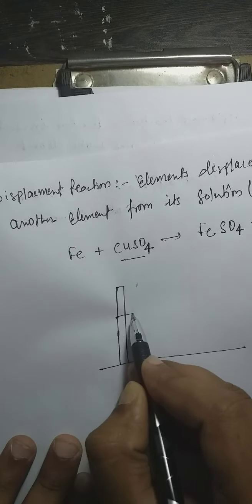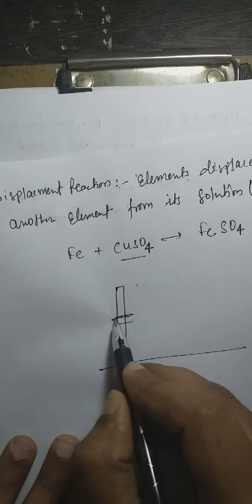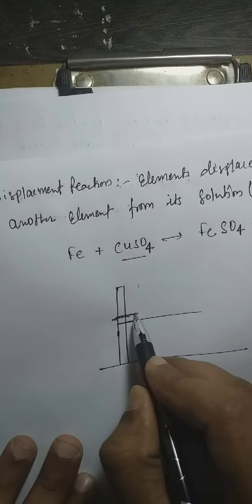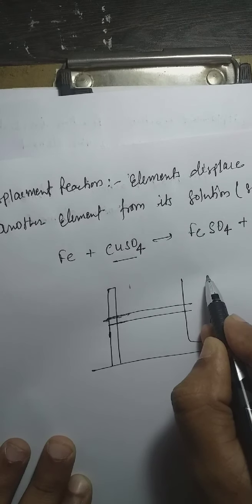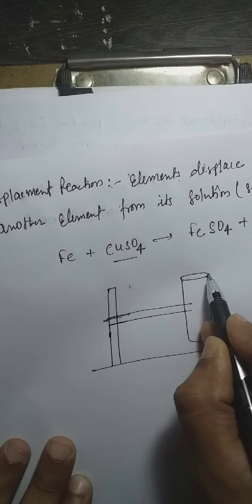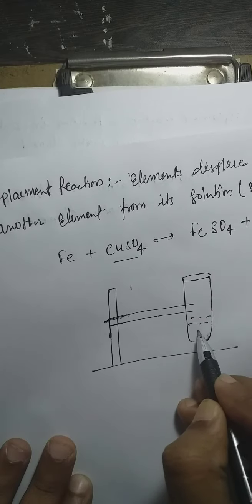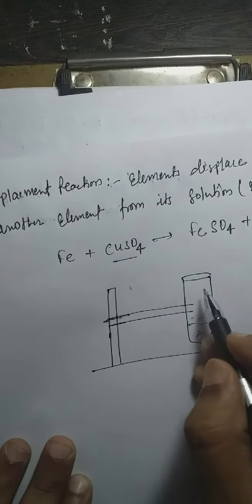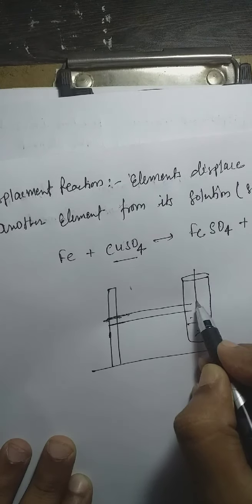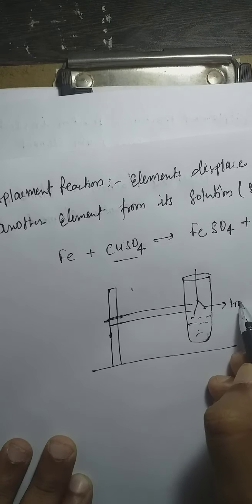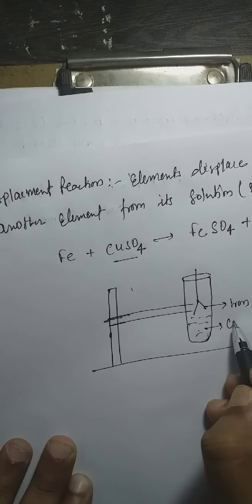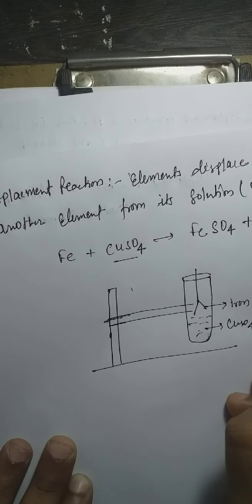This is a clamp. In this, test tubes are fitted, and in the test tube copper sulfate solution is present, which we are showing here, and we take two iron nails. One is iron, another is copper sulfate solution, CuSO4 solution.